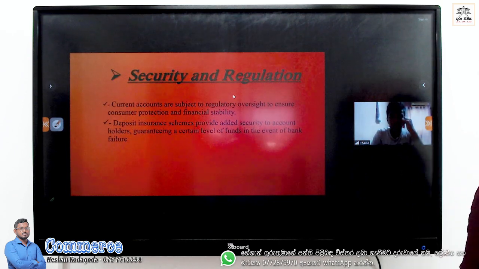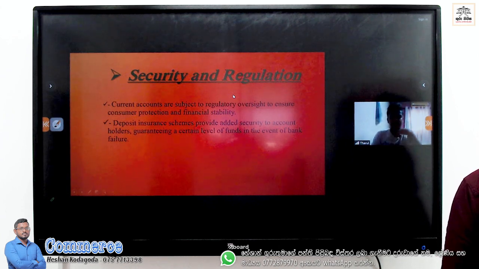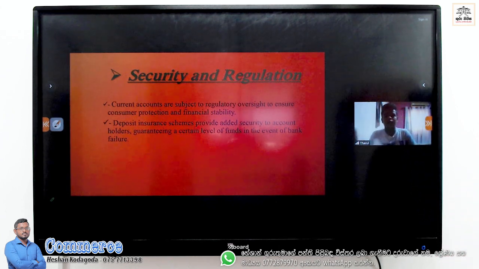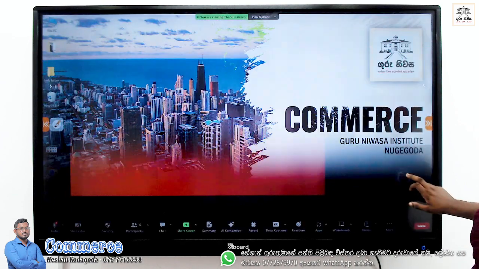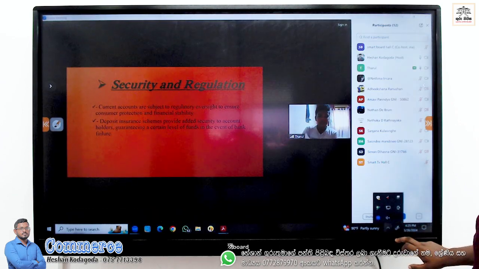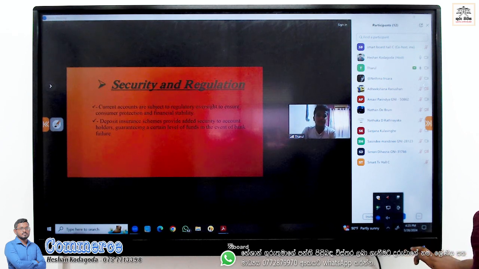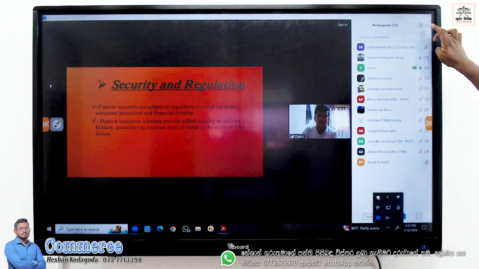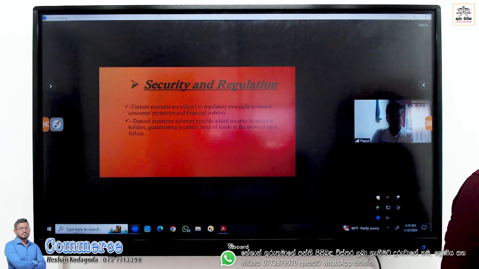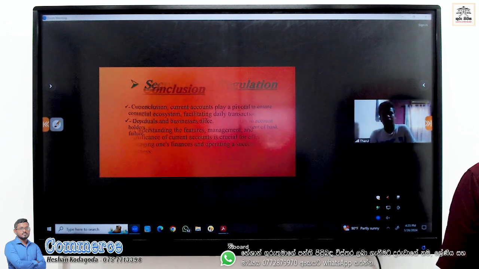Security and regulations. Current accounts are subject to regulatory oversight to ensure consumer protection and financial institution stability. Deposit insurance provides added security to account holders, protecting a certain level of funds in the event of bank failure. Conclusion.